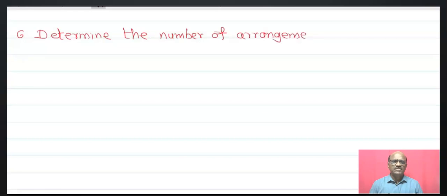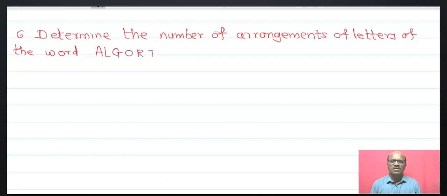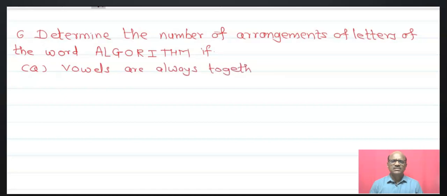Now the next question number 6. Determine the number of arrangements of letters of the word algorithm if A, vowels are always together.